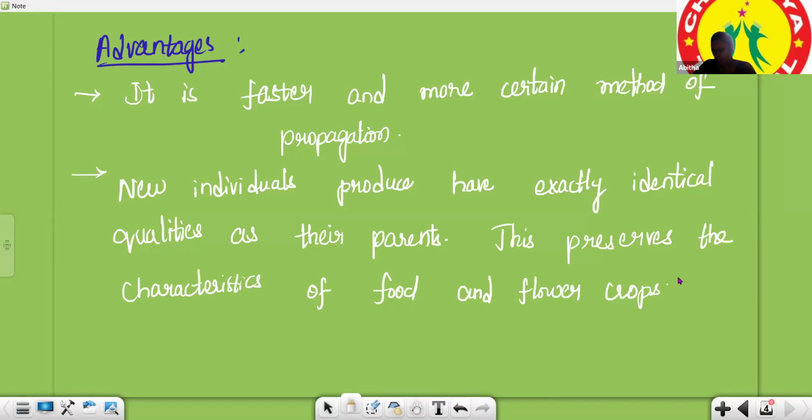As I told you, if you are sowing a red rose stem, you'll get a red rose plant only. And with respect to food, you can take potatoes. By sowing its eyes you can get exactly the same quality and a similar kind of product.